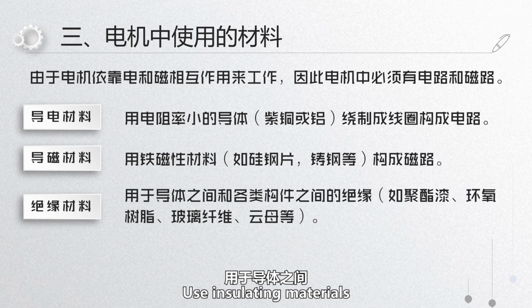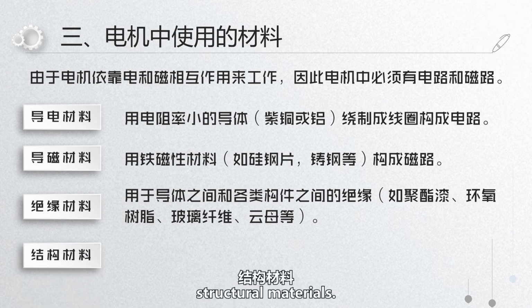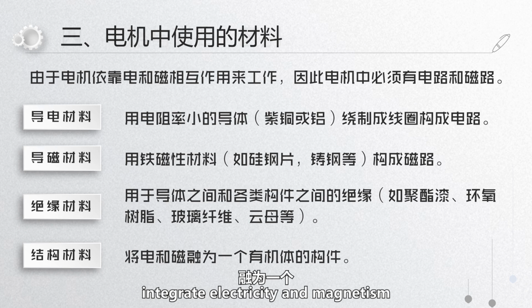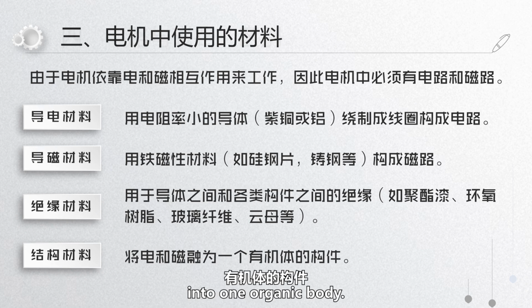Use insulating materials between conductors and various components, such as polyester varnish, epoxy resin, glass fiber, mica, etc. 4. Structural materials. Use components that integrate electricity and magnetism into one organic body.